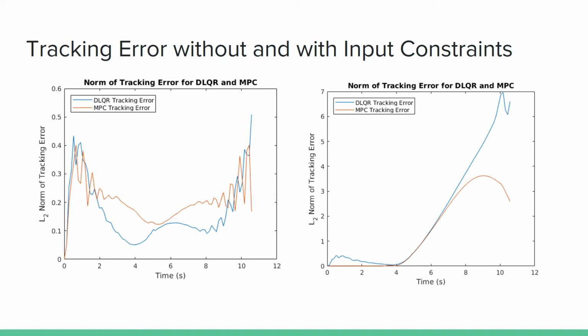On the left, we see that the performances are similar for LQR and MPC controllers, and this is expected because the input constraints are at the nominal values. On the right is the plot for the error with reduced input constraints, and we see that the MPC tracking error is much lower than the LQR tracking error. And again, this is expected because the MPC controller takes into account the input saturations in its optimization.